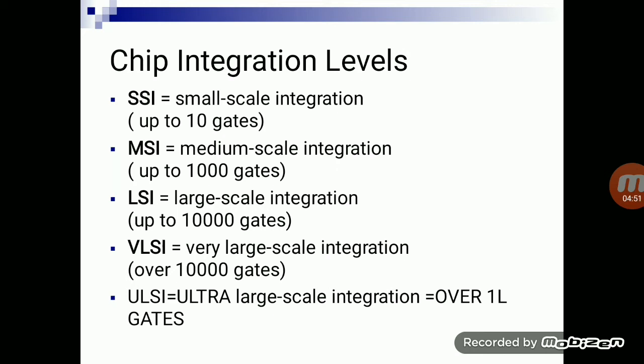Next, large scale integration has 10,000 gates within a single chip. Very large scale integration has more than 10,000 up to 1 lakh gates in a single chip. Ultra large scale integration has over 1 lakh gates within a single chip. These are the important chip integration levels. Currently, all PCs and electronic devices are implemented using VLSI technology.